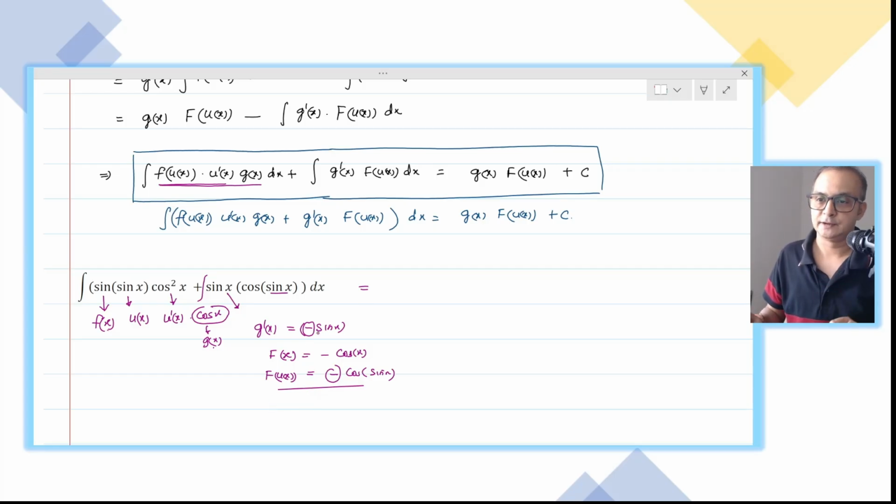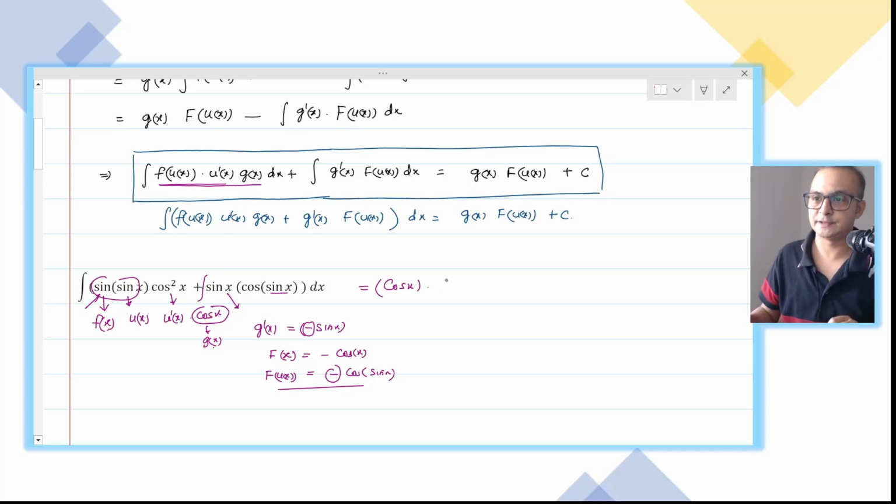So what is that? g(x) is our cos x, and F of u(x) means you can also find from here: find the integral of sine, this first small f, and make the composition with u(x).